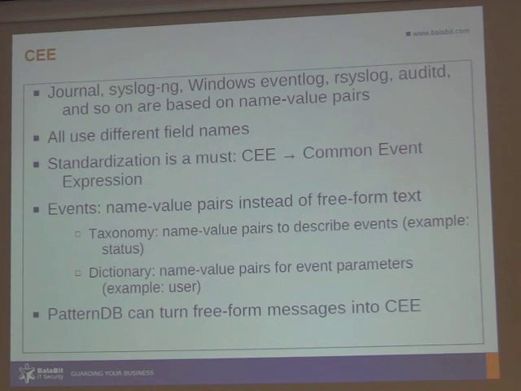So it's not the application name or a free-form text which describes what is going on, but some standardized fields. So it's actually a lot easier to correlate messages than when we need to consider free-form messages.